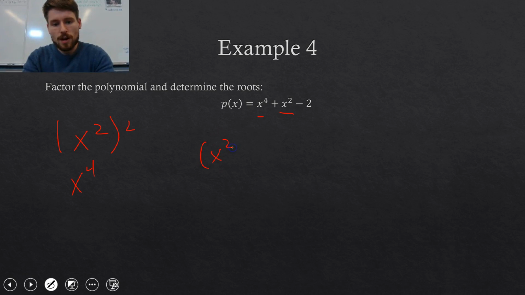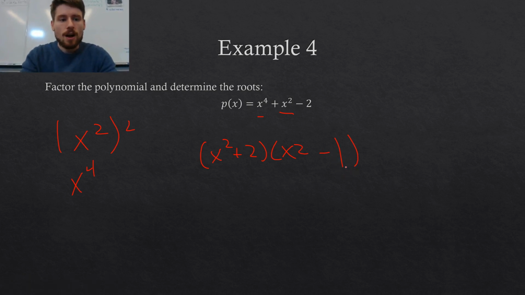We're going to have x squared and x squared instead of x and x though. And we need the numbers to multiply to negative 2 and add to 1. So that's going to be plus 2 and minus 1. And now we're going to factor each of these quadratics further. Before I do that, though, I'm going to just redistribute to make sure that we actually get what we started with. So the x squareds and x squareds, if we were to FOIL that, so I'll just do that in the upper right.